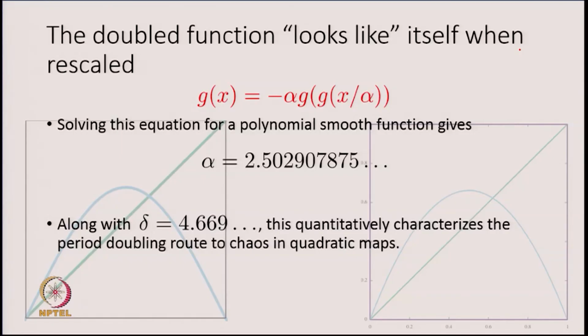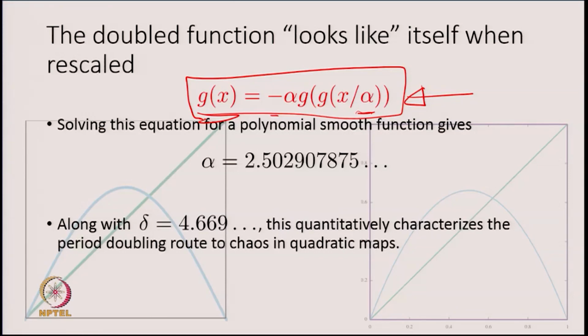So, Feigenbaum and Cvitanovic wrote down this particular equation which describes this doubling operation. So, if you have a function which when rescaled by a factor of alpha, doubled, flipped around, then it looks like itself. So, if you can find a fixed point of this equation, or namely if you find a function which satisfies this property, then you will begin to understand what happens in this particular map.